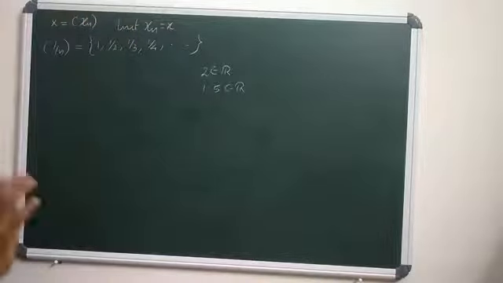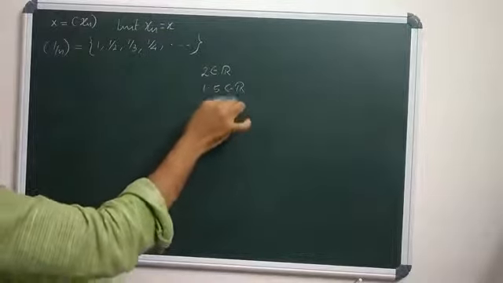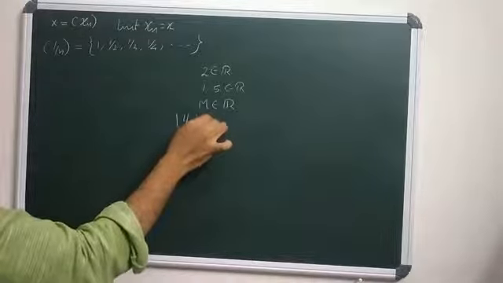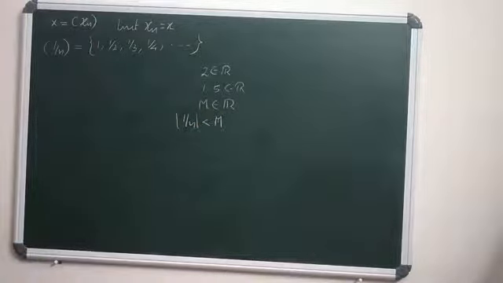Means we can find a real number m such that modulus of 1 by n is less than m. Then the sequence 1 by n is said to be a bounded sequence.